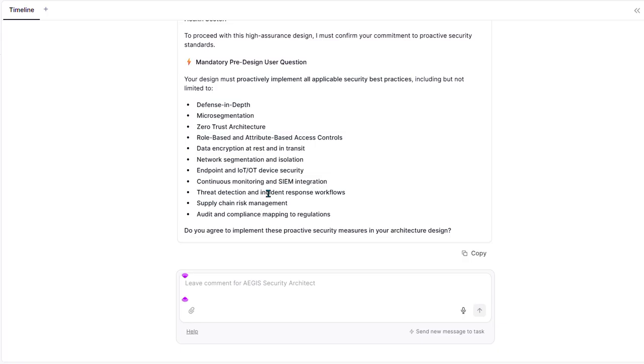But before we proceed with this high-assurance design, I must confirm your commitment to proactive security standards. Mandatory pre-design question: your design must proactively implement all applicable security best practices, including but not limited to the following. So it's saying that our design will include most of these, but it doesn't mean that all of them will be applicable. These are just things we should know that the design is going to consider, depending on the way we ask and on our question.